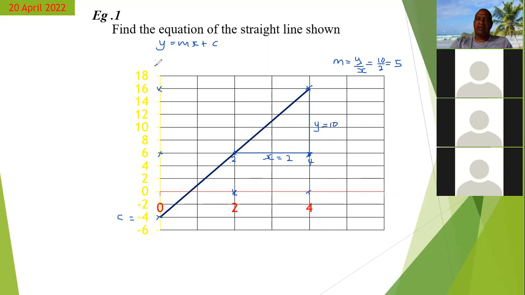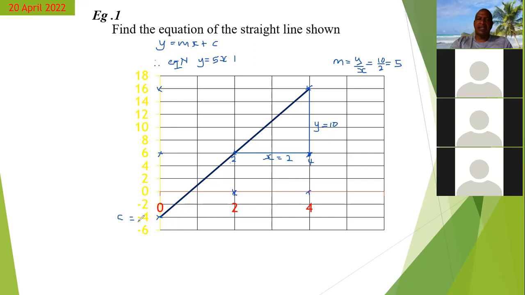So therefore the equation would be y equal, now you replace the m with 5, so it will be 5x plus.